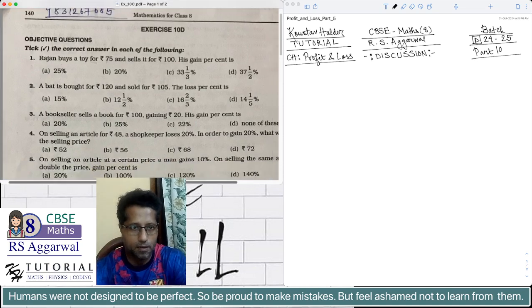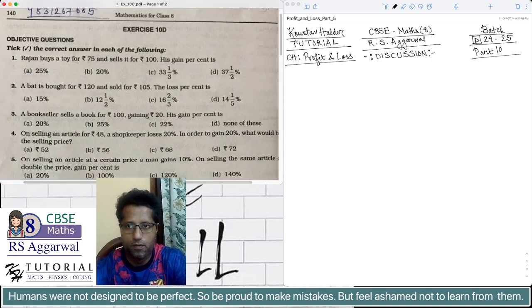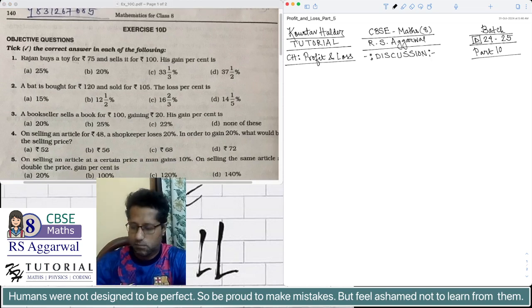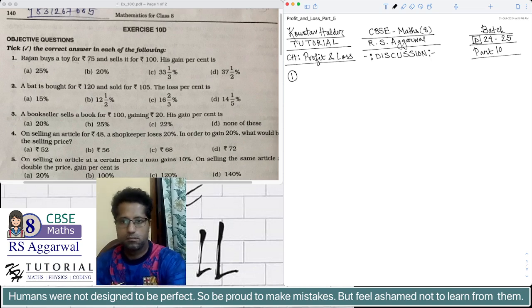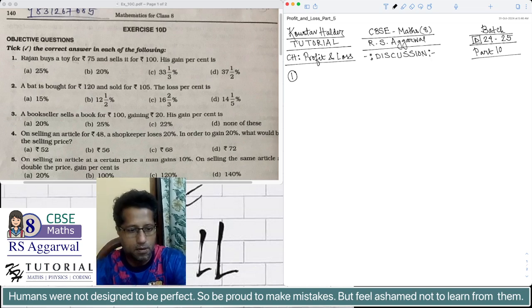That is roughly taking 3 minutes to solve a question. But I may take more than 1 hour because I have to also discuss the problem. Let me quickly check if everything is visible or not.